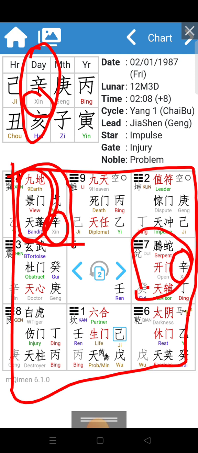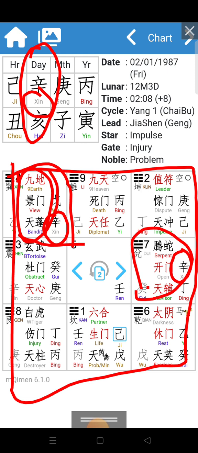View door, somebody who is systematic, loves to look at beautiful things, likes to present themselves with the best to others, and is willing to spend and invest in themselves to make sure that they are in a good status.